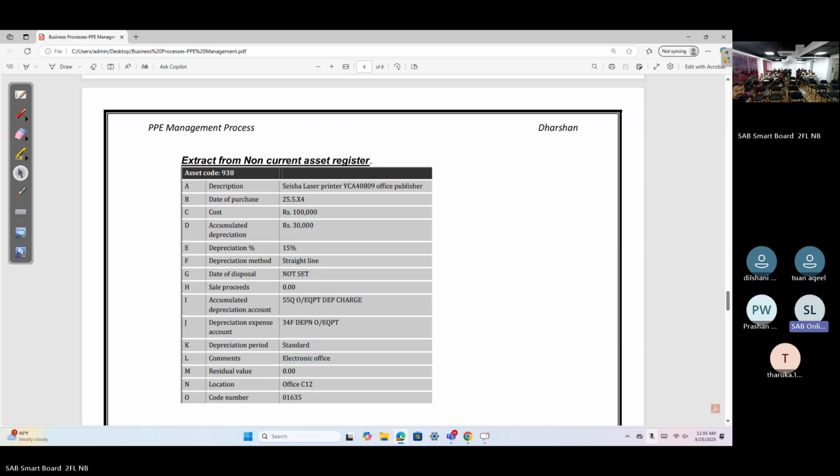First item, date of purchase, cost, accumulated depreciation, current year depreciation, depreciation method, date of disposal. If you dispose of the asset, the date of disposal. What is the sales proceeds? And you can also mention the profit: sales proceeds minus accumulated depreciation. We can mention the profit also.